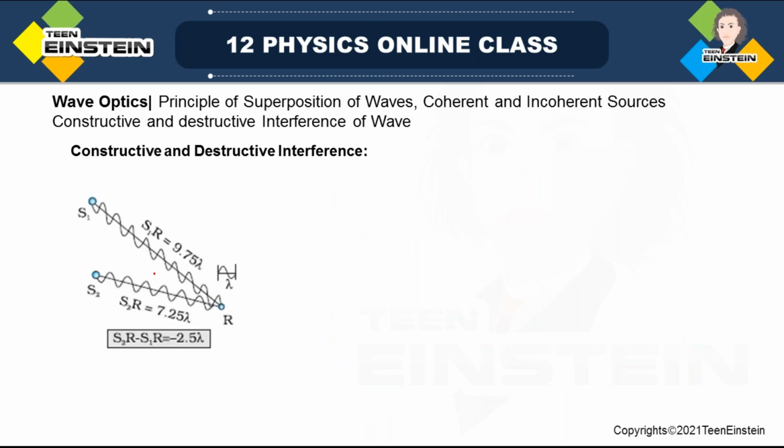Let me go to another situation. Let me take this one. You can see there is another point, this is R, where the wave from S1 is meeting after completing this much, like this is a fractional case.